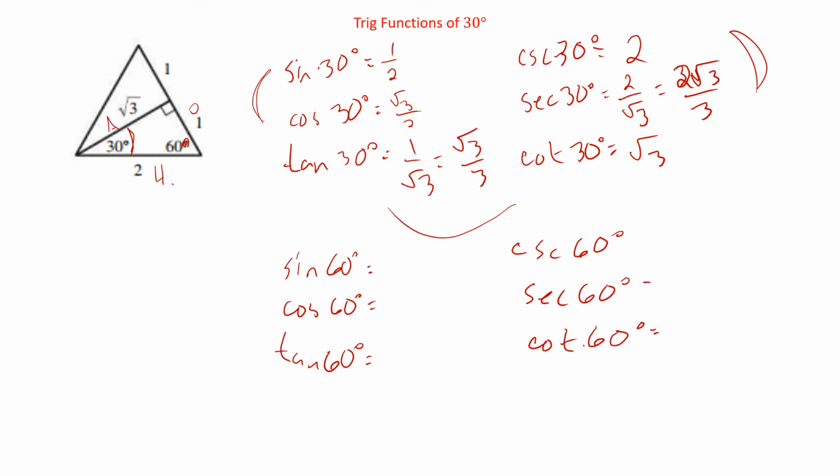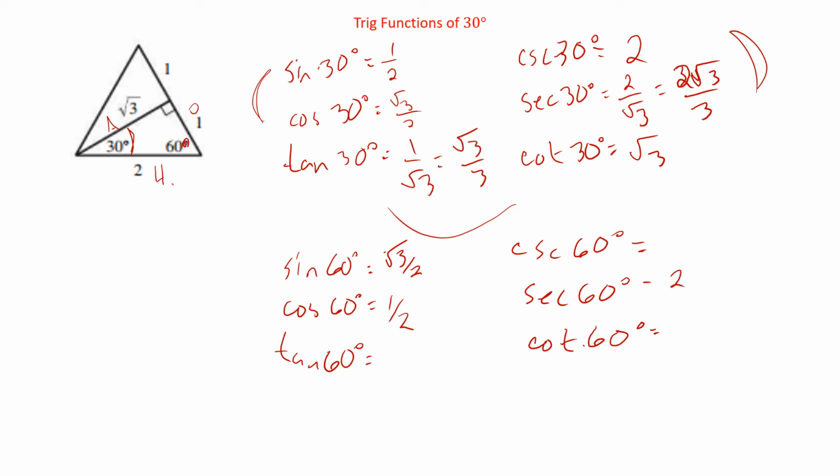So with these, the opposite and the adjacent switch, which means the sine and cosine switch. So instead of 1/2 and root 3 over 2, we get 1/2 as the cosine, and root 3 over 2 is the sine. Same thing with the cosecant and secant.